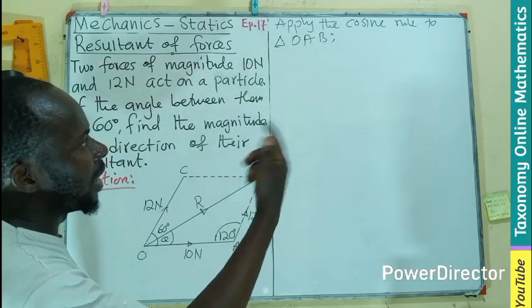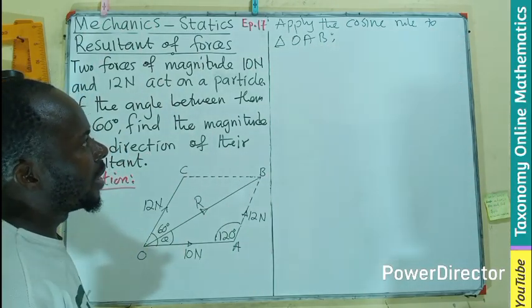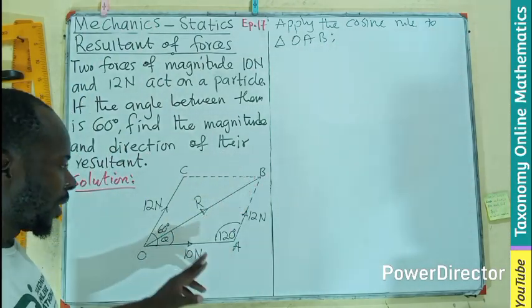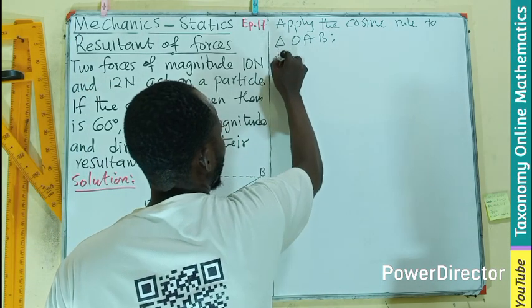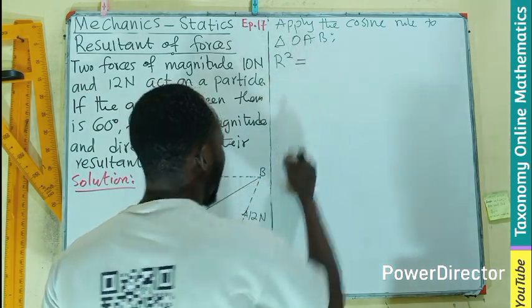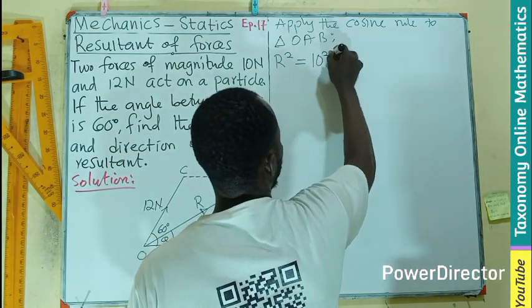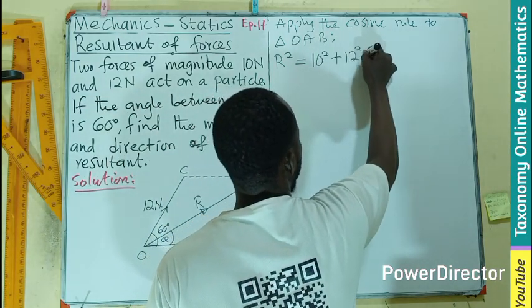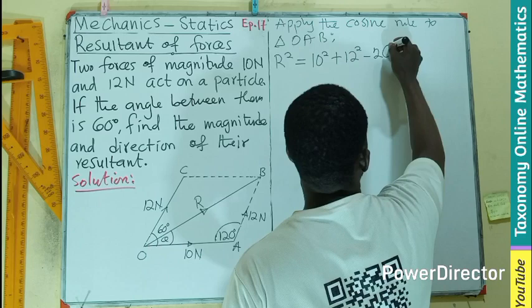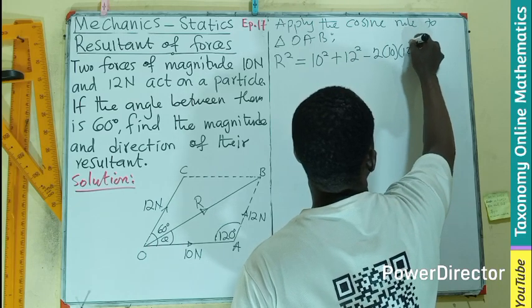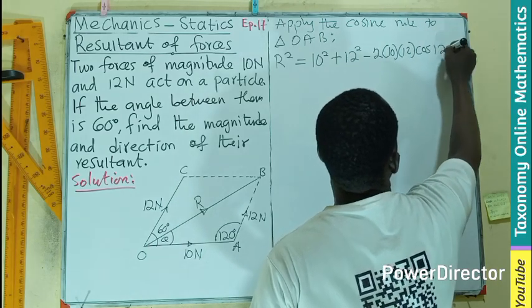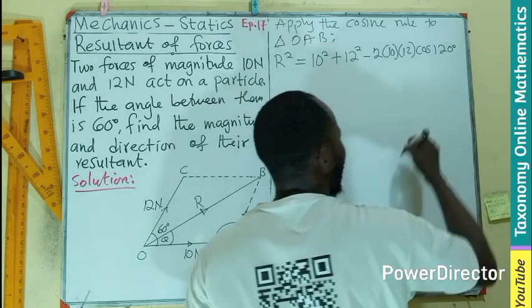So when we apply the cosine rule to the triangle OAB, we can see our resultant vector force R will be equal to force 1 square plus force 2 square minus 2 force 1 force 2 cos of 180 minus theta.